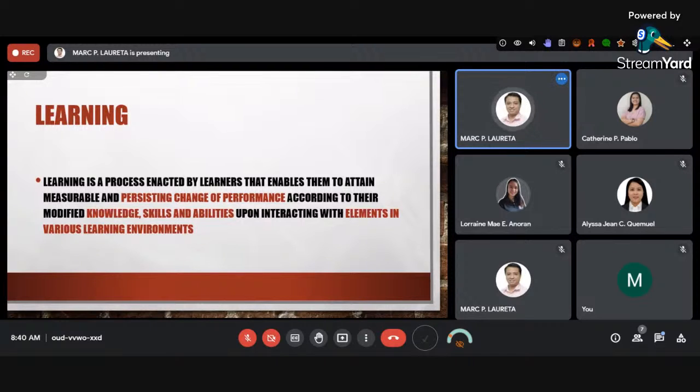Then finally, the elements in the learning environment. The elements will include peer learners, instructors, and online resources. Those are the eligible elements within a learning environment. So those are the keywords when it comes to the term learning.